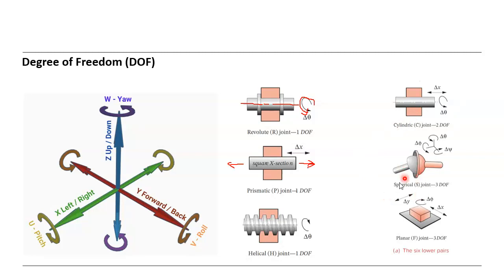And here we have the spherical joint, and the spherical joint has 3 degrees of freedom, all of them rotation, around the x, y, z axes, but there is no translation since it is a spherical joint. If you have such a joint, that means 2 components are in contact, the red one and the ground one.